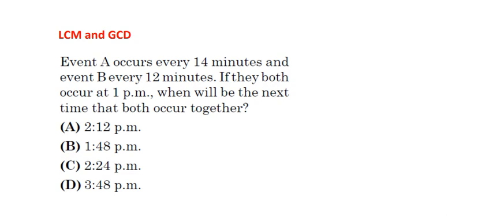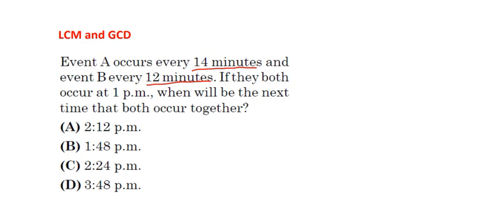Okay, so there's a question about the least common multiple and greatest common divisor. So those things. So let's consider this: if there's one every 14 minutes, and that one every 12 minutes.